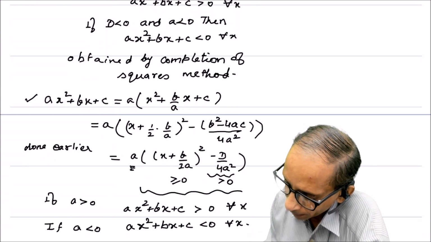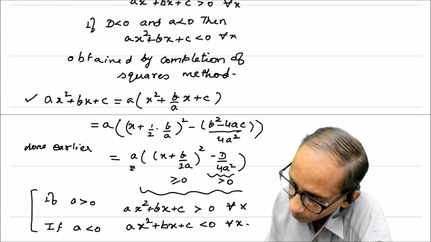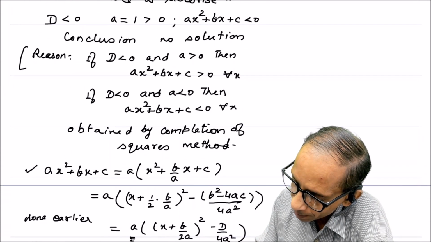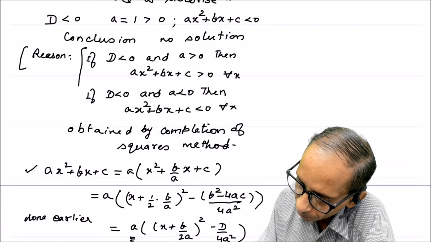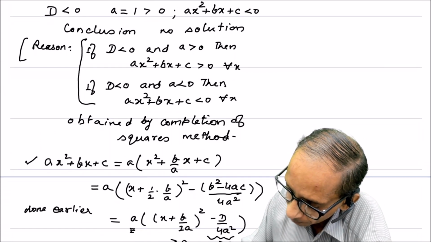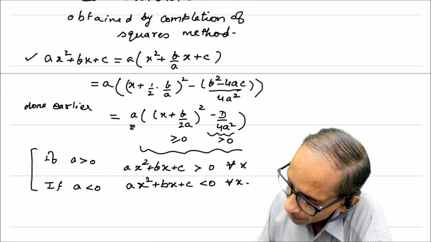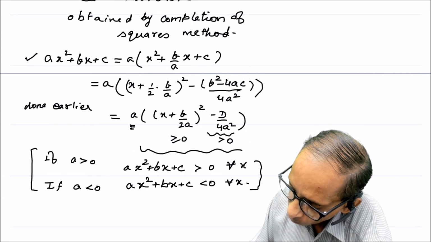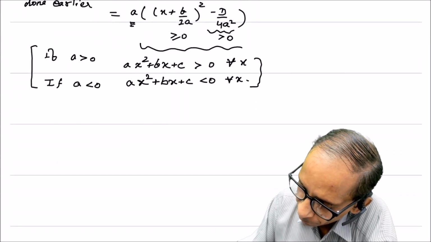This is exactly what we have concluded in this particular portion, which comes by the completion of squares method. Once we have discussed this logic, we come back to the question.